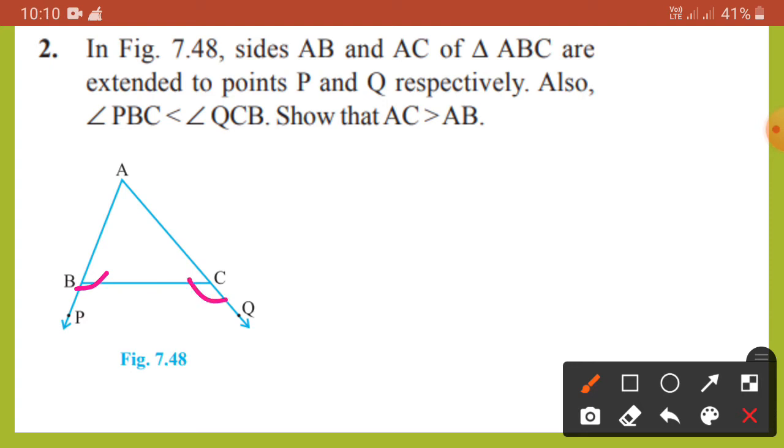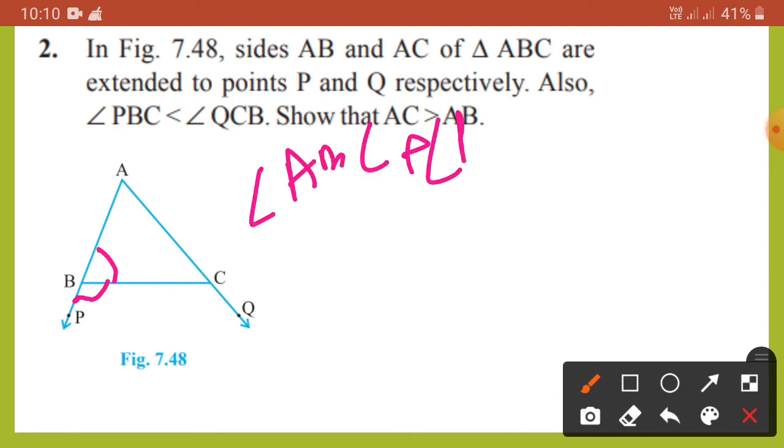Now we have to show that AC is greater than AB. Angle ABC plus angle PBC equals 180 degrees, as a linear pair.